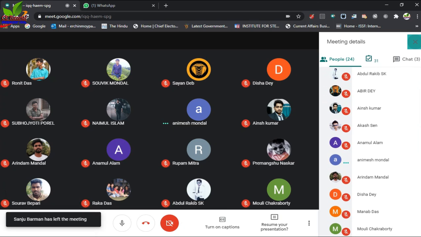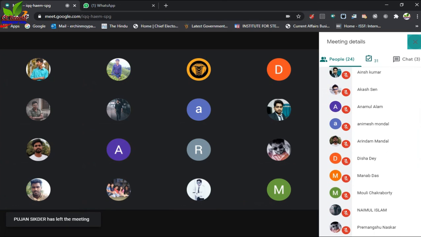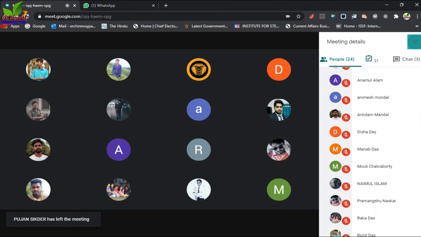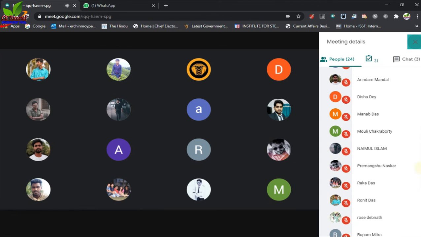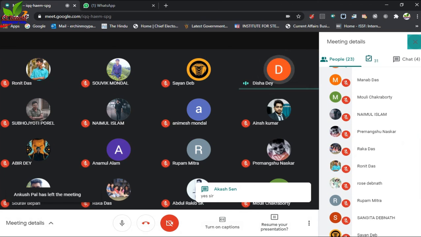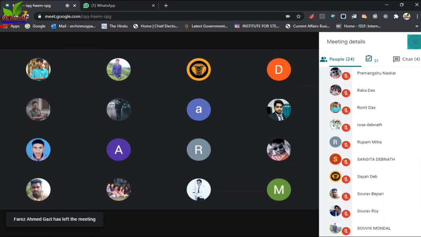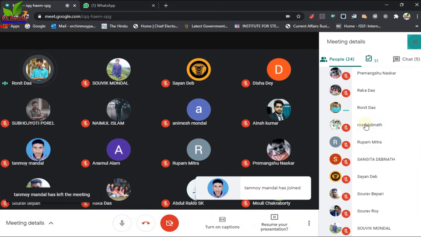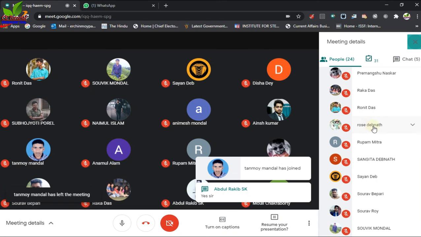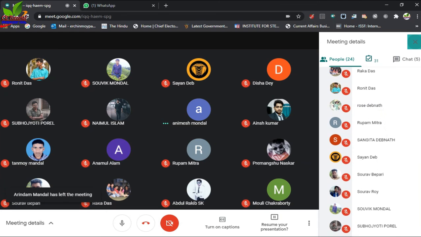Abdul Rakib Sef, Abir De, Anish Kumar, Akash Sen, Anamul Alam, Animesh Mondol, Arindam Mondol, Disha De, Manav Das, Mouli, Naimul Islam, Present, sir. Okay, Premangshu Naskar, Raka Das, Ranit Das, Rose Devnath. Who is Rose Devnath? Your good name is Rose Devnath? Rose? Hello?